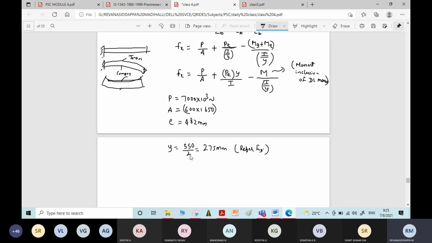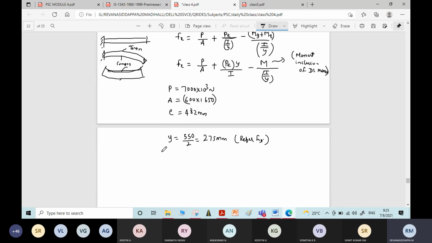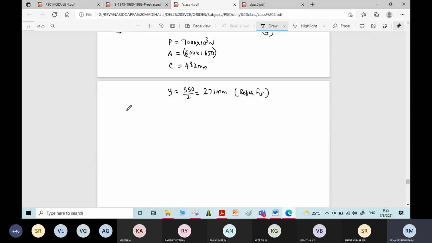Okay, then we can find the moment. To find the moment inclusive of dead load, just copy the loading condition.